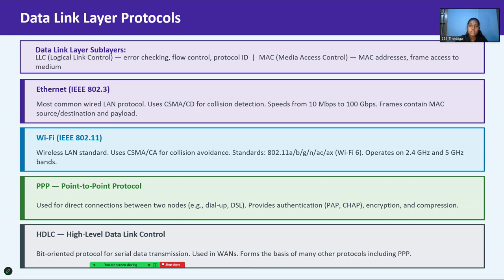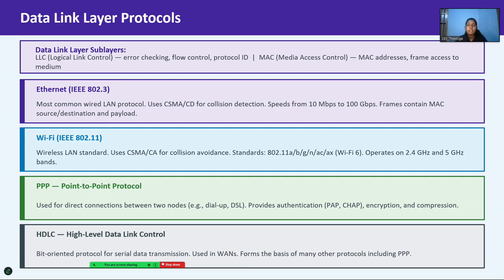Ethernet, defined by IEEE 802.3, is the most common wired LAN technology. It uses CSMA/CD, carrier sense multiple access with collision detection, to manage when devices can transmit. Modern Ethernet supports speeds from 10 megabits all the way up to 100 megabits per second.